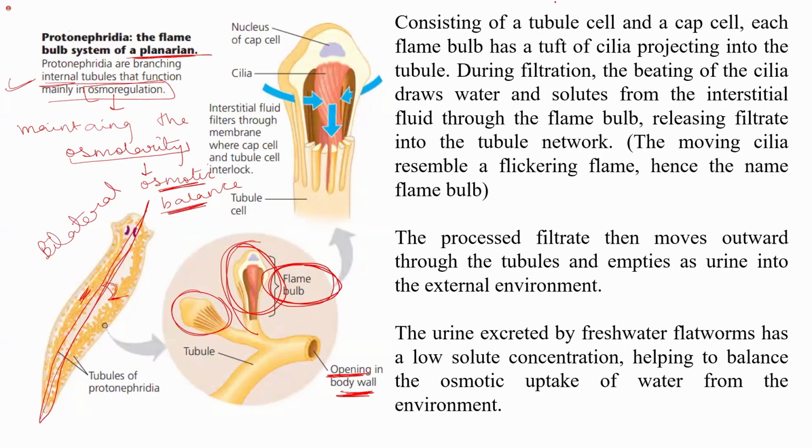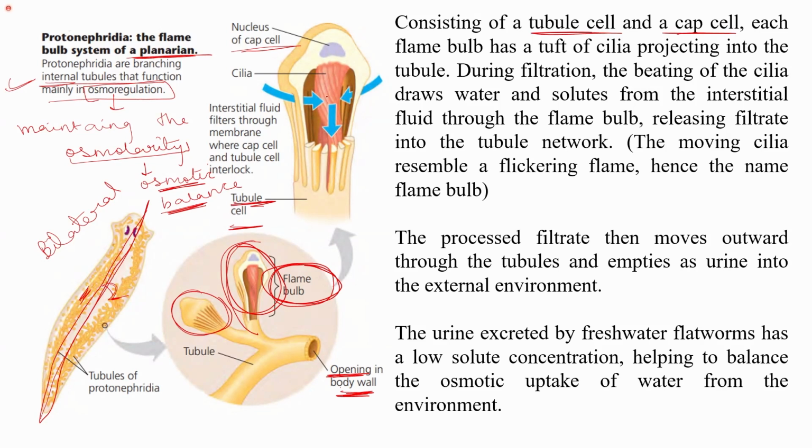So this is about the tubules of the protonephridium. Now if I zoom into the structure of a flame bulb, you can see that they have tubule cells, and there is a nucleus of a cap cell. So these flame bulbs consist of a tubule cell and a cap cell. Each flame bulb has a tuft of cilia.